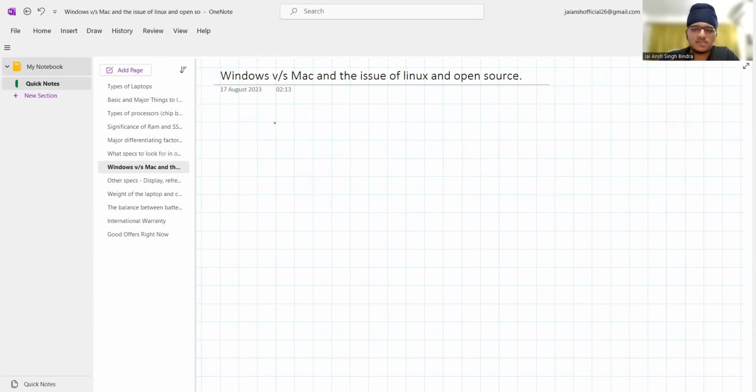Now I'm going to discuss Windows and Mac, and why people prefer Windows over Mac even if they have the cash. Mac is the easier and more user friendly operating system.